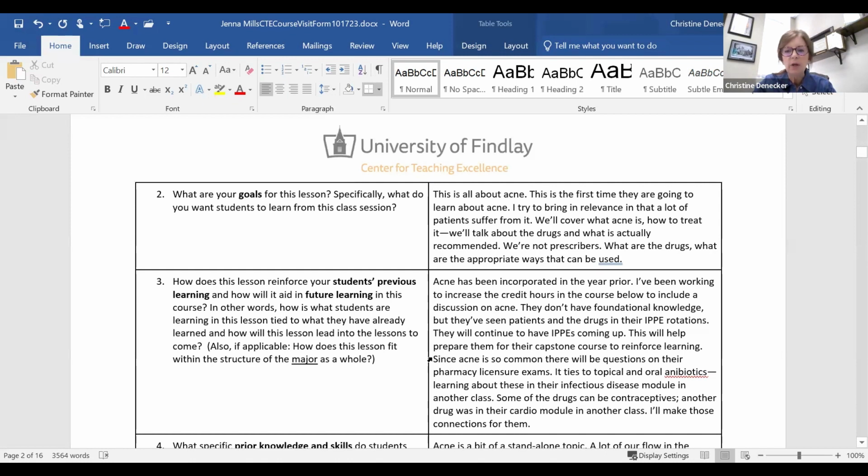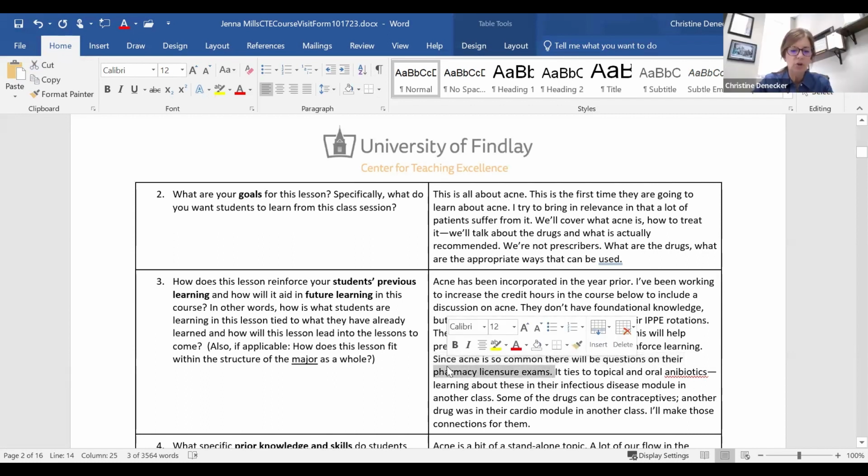So there's this part down here, Nicole. Since acne is so common, there will be questions on their pharmacy licensure exams. This is one of those examples of where I might put that in 4F, right? Yeah. Sorry to jump ahead. No, but that happens with their responses, right? Sometimes it touches on other elements.